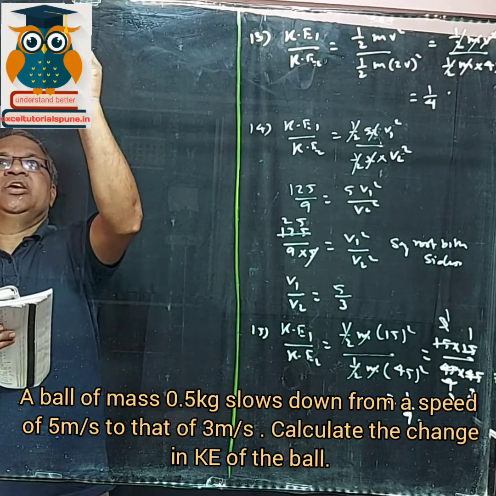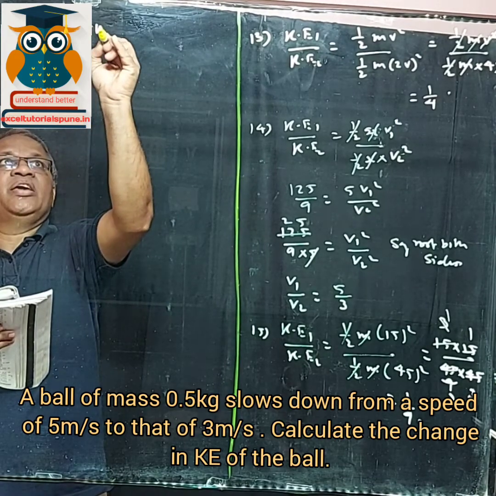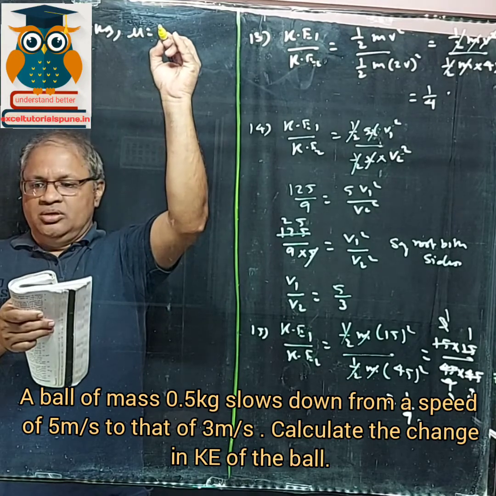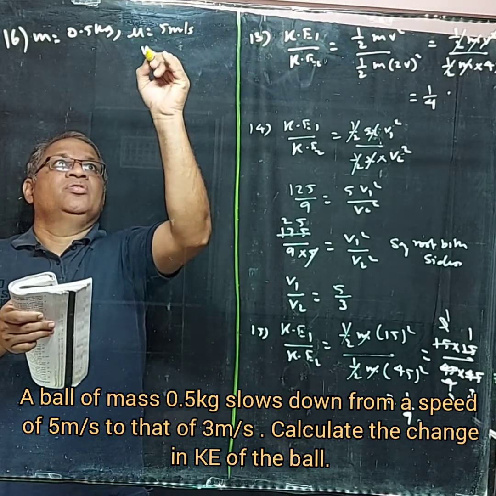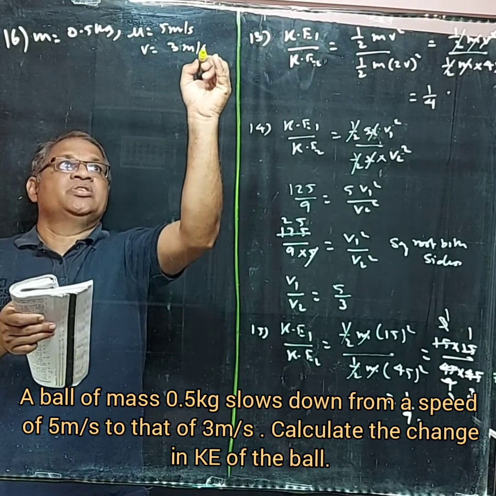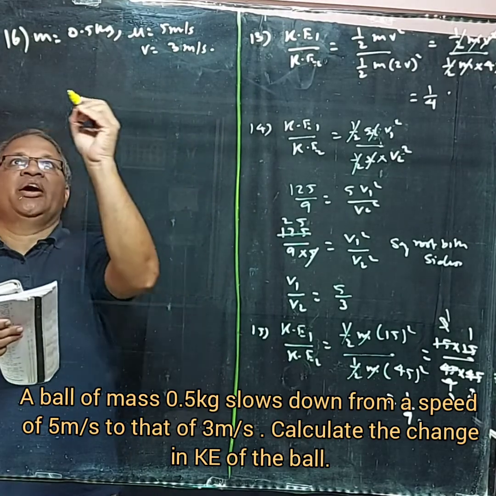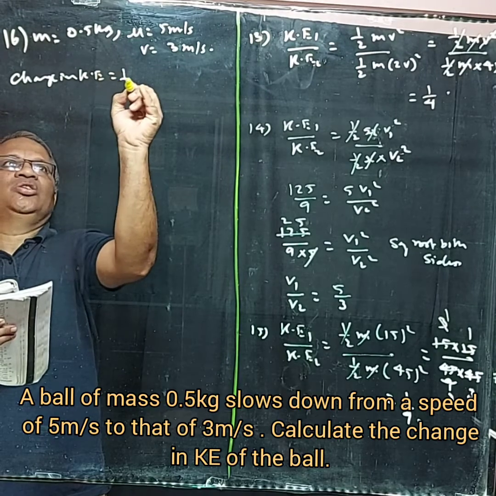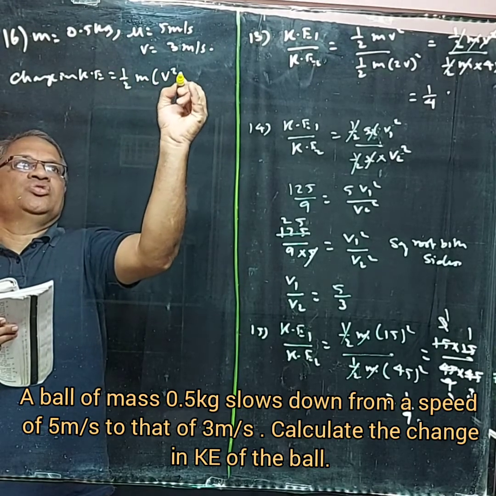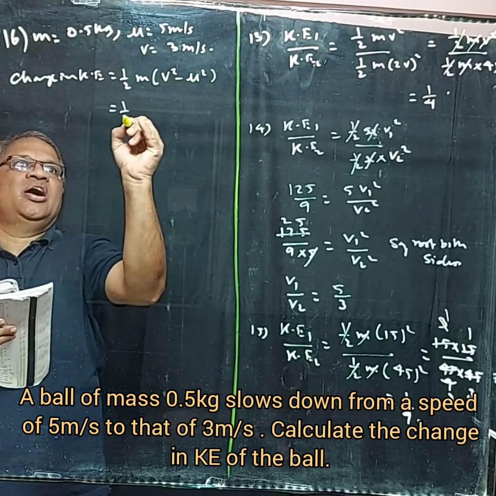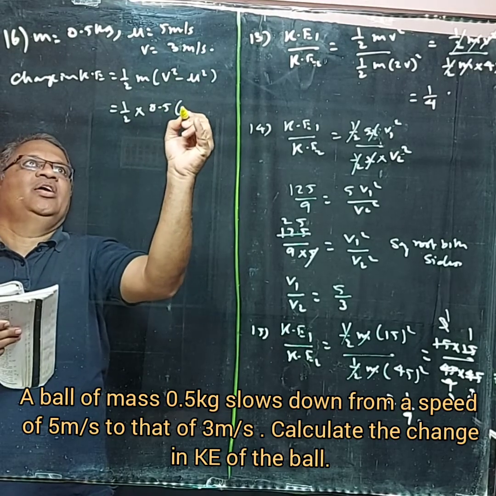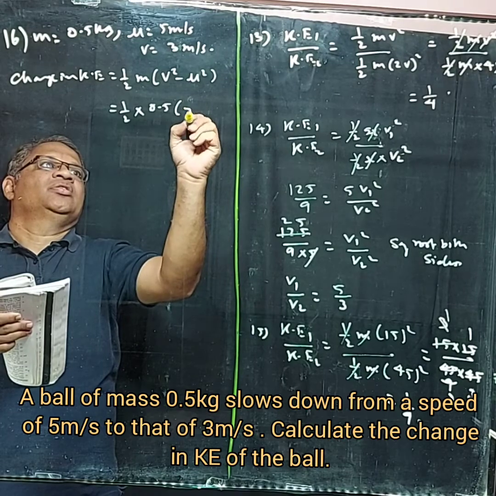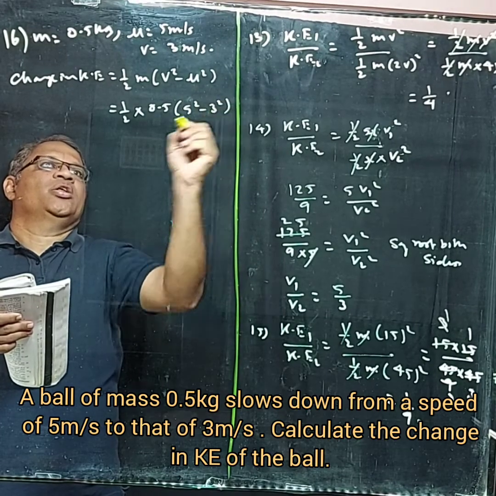So mass is given as 0.5 kg, velocity u is 5 meter per second, v is 3 meter per second. Calculate the change in kinetic energy. Change in kinetic energy is equal to half m v square minus u square. So half into mass is 0.5, 5 square, take the greater number first, 5 square minus 3 square.